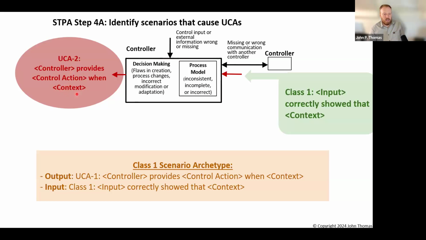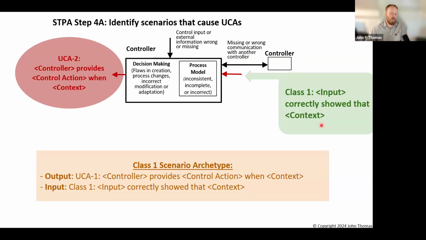The context is what's most critical for preventing this UCA. The context is the state of the system or the outside world that makes the control action unsafe. And so one of the critical things is the controller needs to be aware of that context, right? Basic control theory. That needs to be indicated on the feedback somewhere for the controller to make a better decision. And so class 1 says, we had feedback that correctly indicated the context. Now, we're not saying anything about the other 99 inputs if they exist.